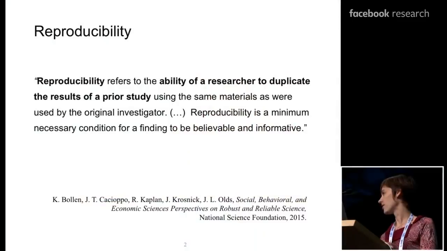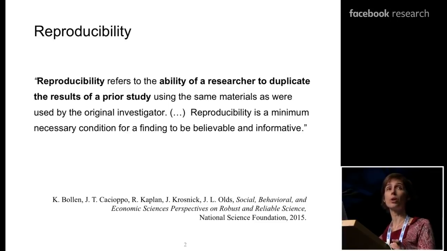Before we launch into this, let's spend a moment thinking about what we mean by reproducibility. The National Science Foundation has proposed the following definition, which I think is a good starting point. Reproducibility refers to the ability of a researcher to duplicate the results of a prior study using the same materials that were used by the original investigator.